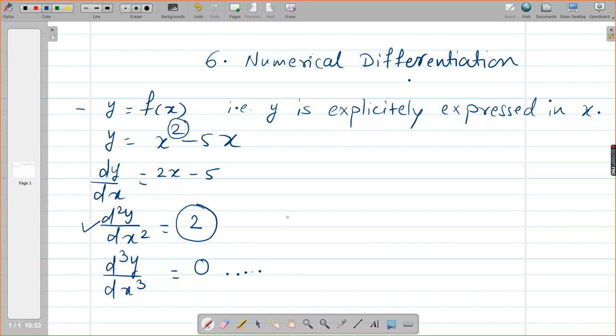Here we can easily find the derivative because we know the function and the formula.